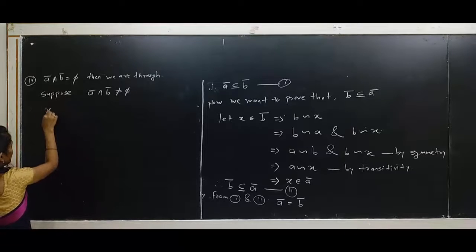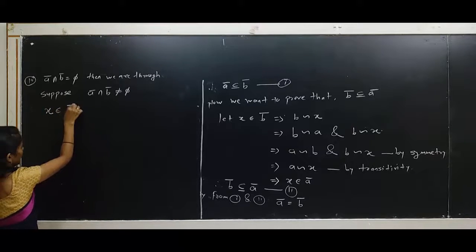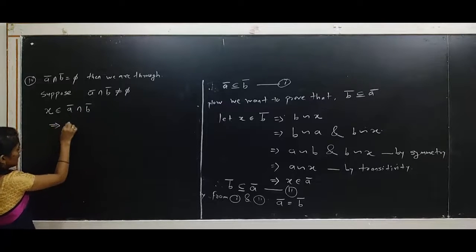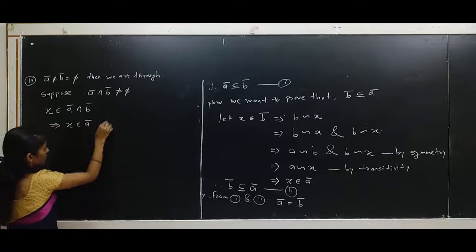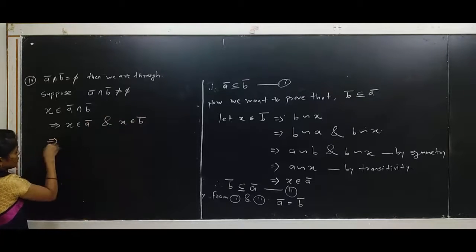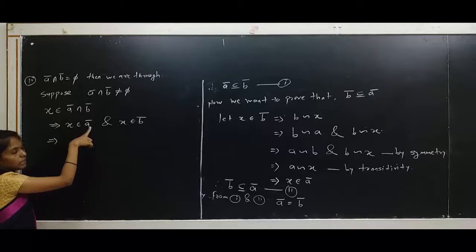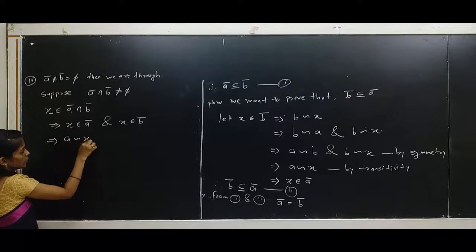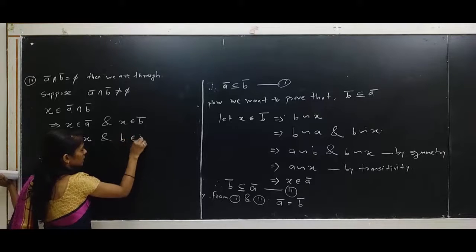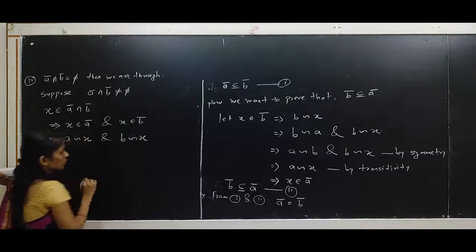So here that means X belongs to A bar intersection B bar, which implies that X belongs to A bar and X belongs to B bar again. So here X belongs to A bar, that is A related to X, and X belongs to B bar, that is B related to X.